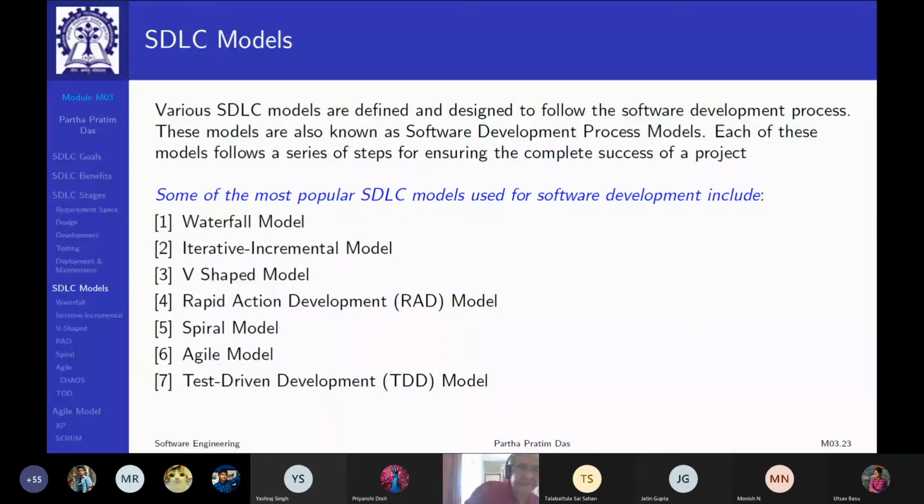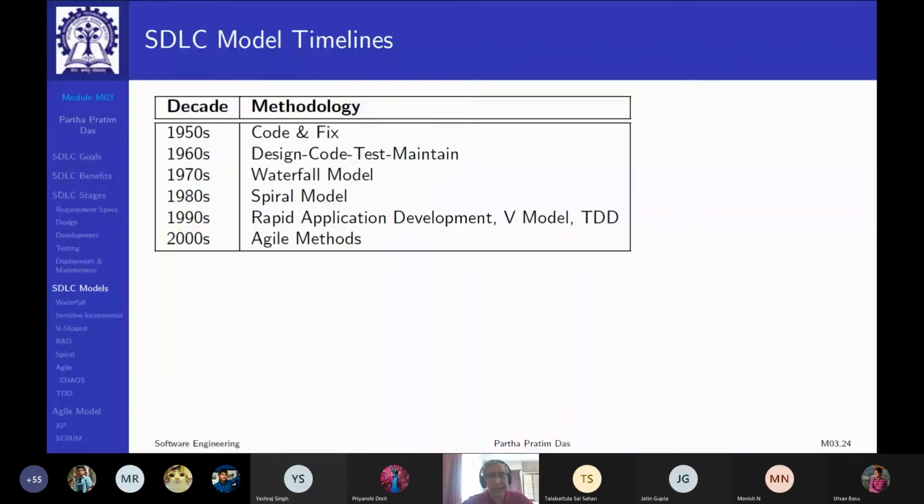We will discuss 7 important ones, and they are evolutionary over a period of decades: waterfall, iterative, V-model, RAD, spiral, agile, and test-driven development. Just to give you a very broad idea, in the 50s, when serious mass-scale software development started with the advent of IBMs and Fortran, it used to be simply code and fix.